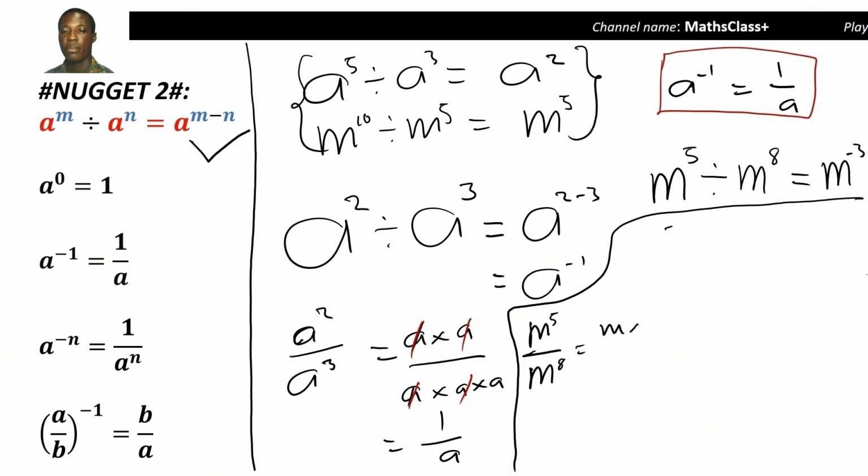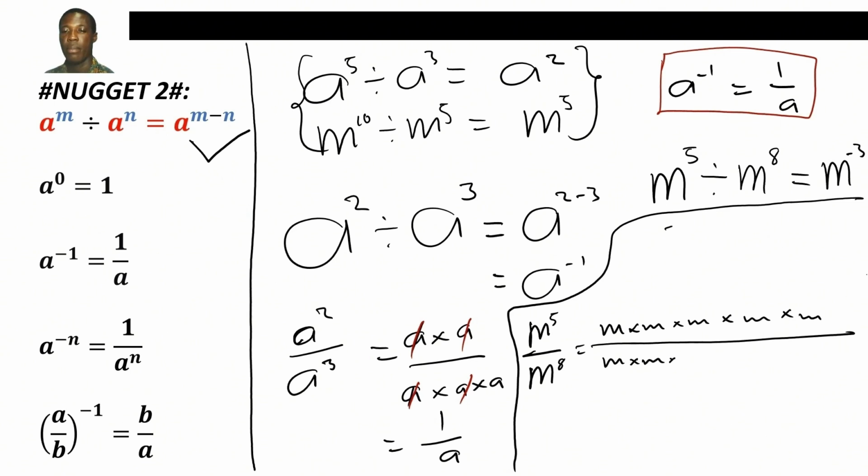So m by m by m by m by m, divided by m by m by m by m by m by m by m by m. Now let's do the cancellation.